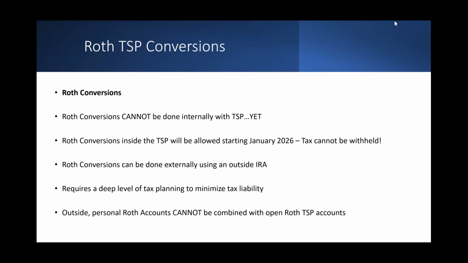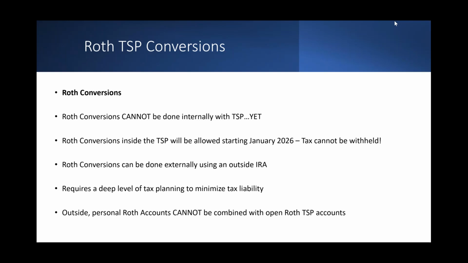From what we know and what we've been told, if you do a Roth conversion inside the TSP next year, you cannot withhold the tax on that transaction. So let me give you an example of what I mean. Let's say you say, Ryan, I'm going to take this $100,000 and I'm going to move it from my traditional TSP to my Roth TSP. And they allow you to do that. That's fine.